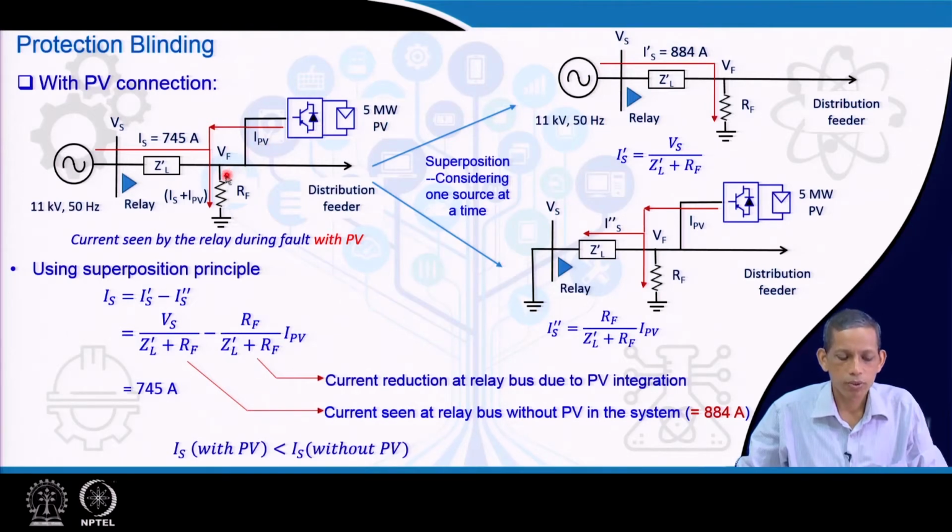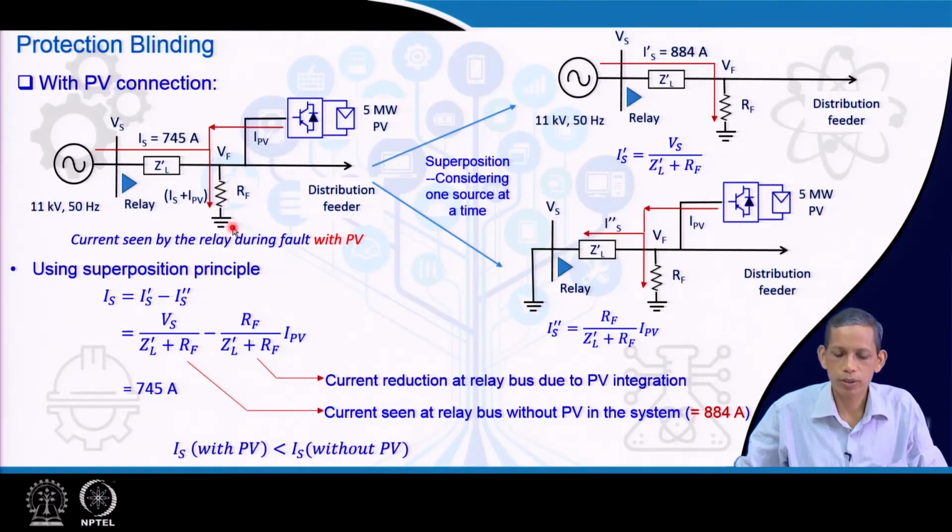For this fault, the grid provides fault current as usual, and so also the PV provides fault current, and combinedly there are two currents contributed by the two sources. That means the total current to this fault will increase. That current is IS from the grid side and IPV from the 5 megawatt photovoltaic.